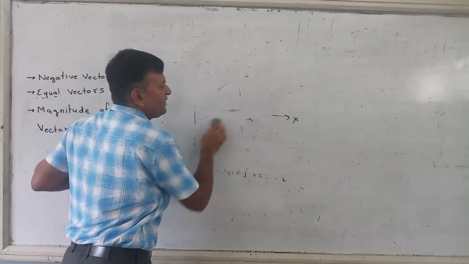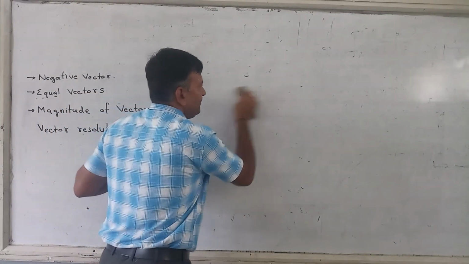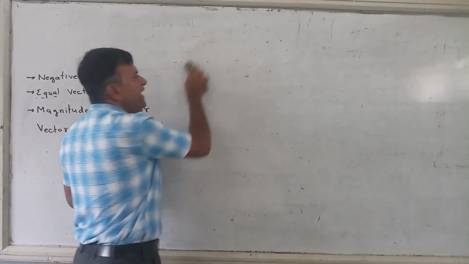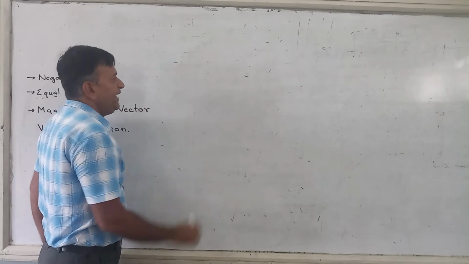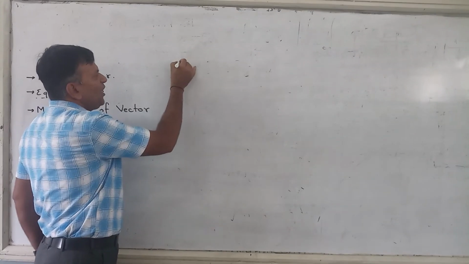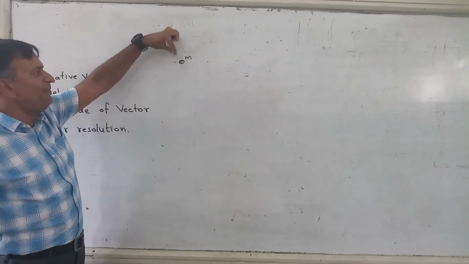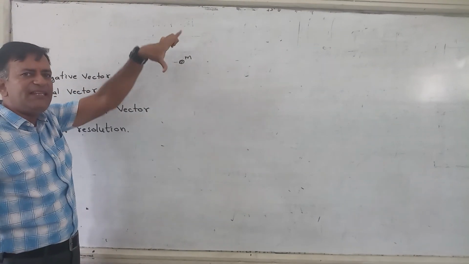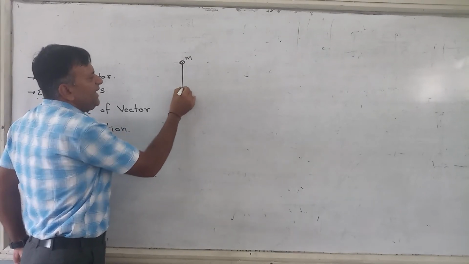Now let us learn something more about vector resolution. Why do we need vector resolution? See, if I have this object of mass m, and if I simply release it, it will go down with an acceleration g.